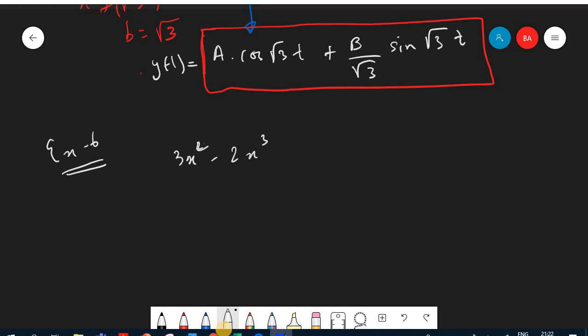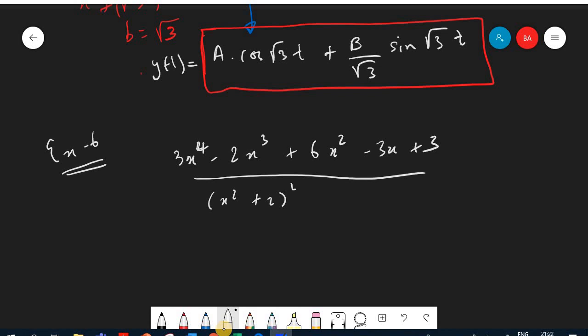Sorry, so this is 3x to the power 4 minus 2x cubed plus 6x squared minus 3x plus 3. You see that term at the top there? It's crazy, right? Over x squared plus 2, the whole thing squared, times x plus 1.